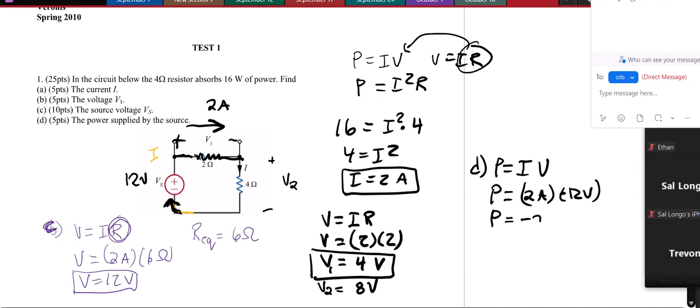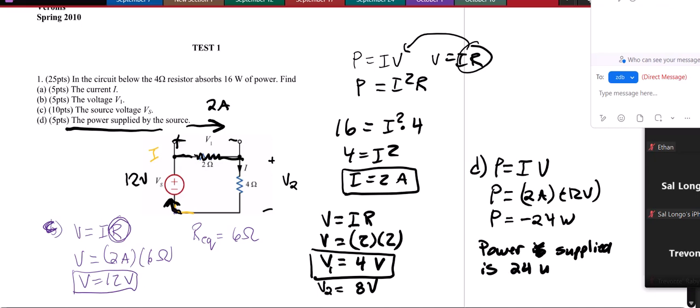So the power is negative 24 watts. But when you answer the question, the power supplied by the source, you don't put the negative in there. You would just say the power supplied is 24 watts. Now, if you had gotten a positive number, that would mean the power wasn't being supplied, that the power was being absorbed. And so if I'd gotten P equals positive 24 watts, that would mean the power absorbed is 24 watts.